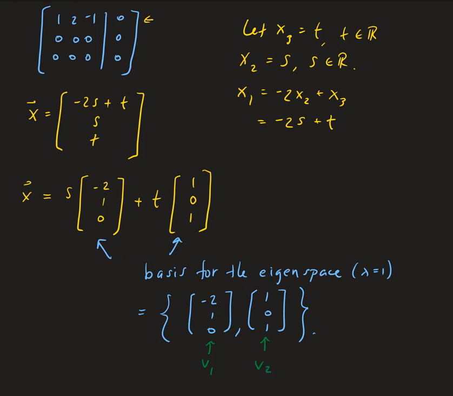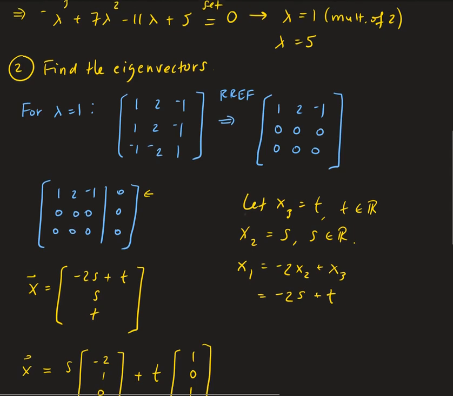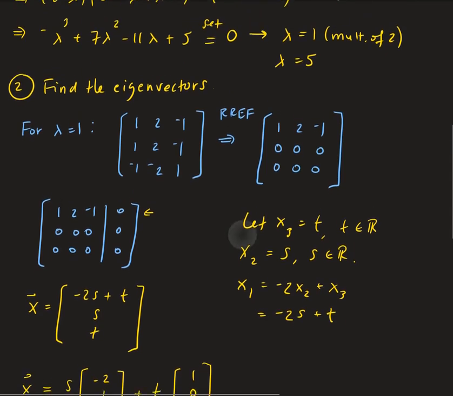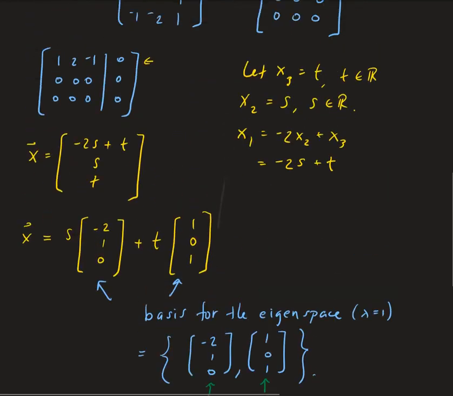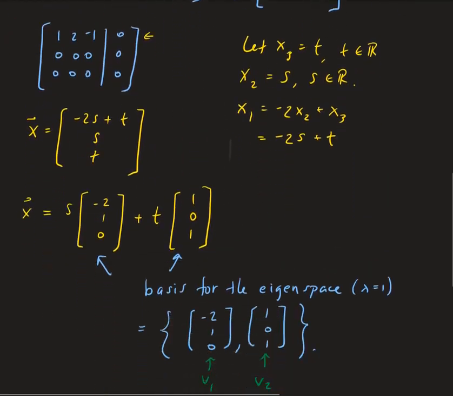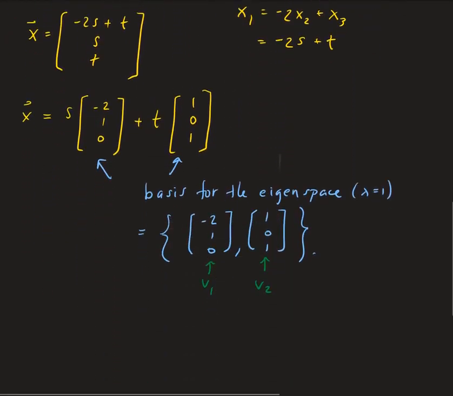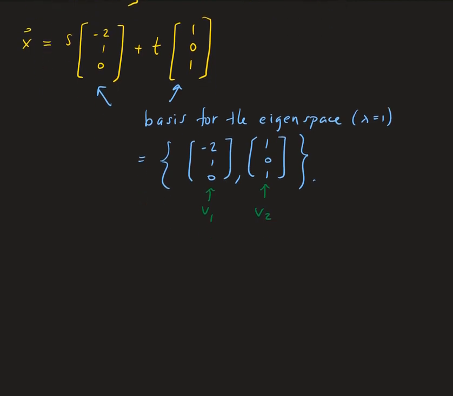So let's find the eigenvectors corresponding to lambda equals 5.